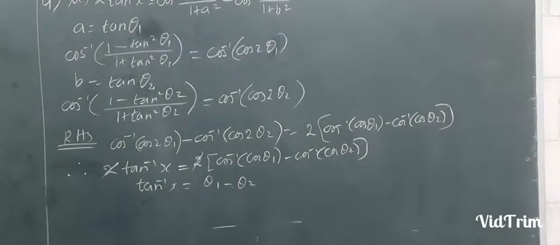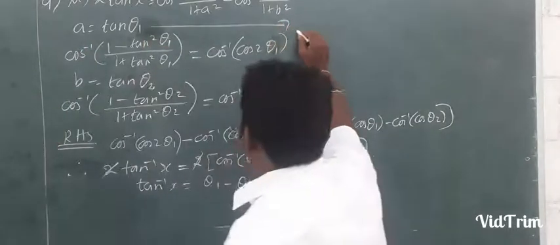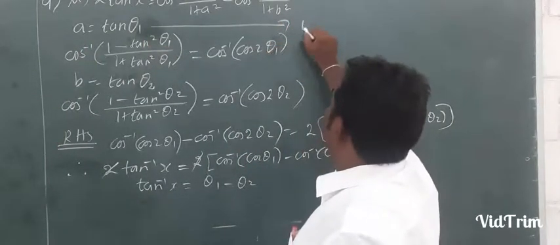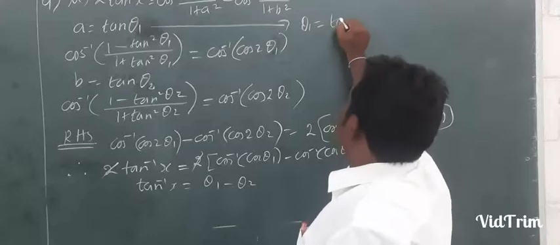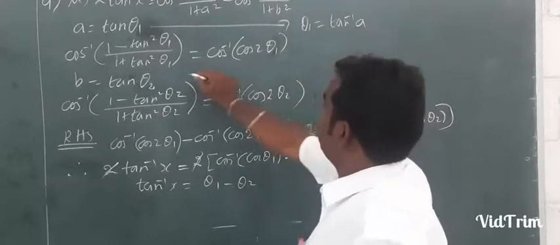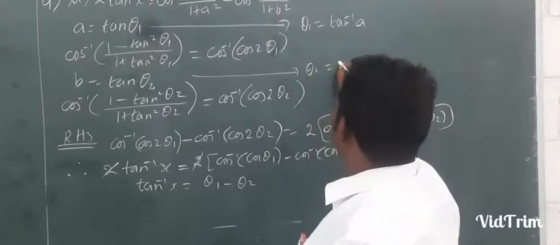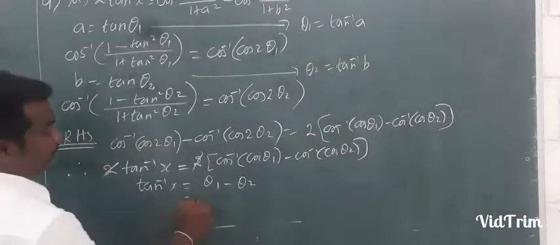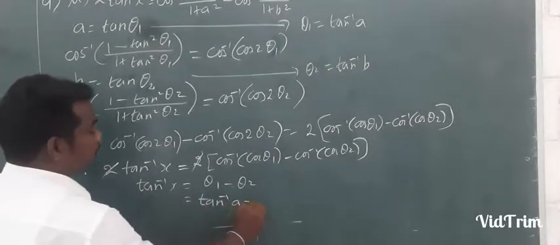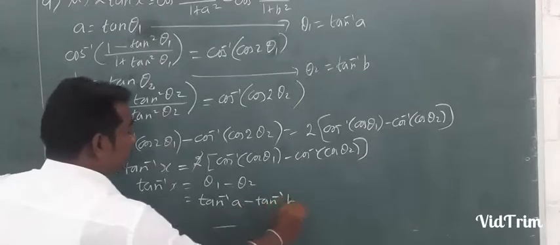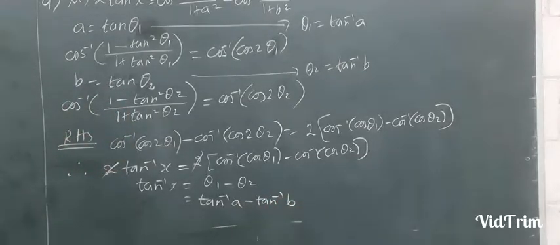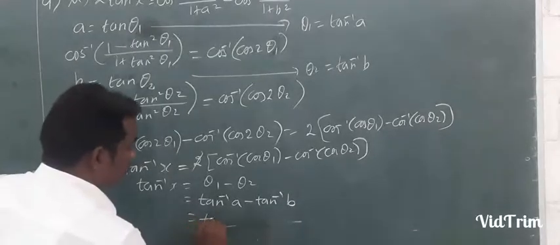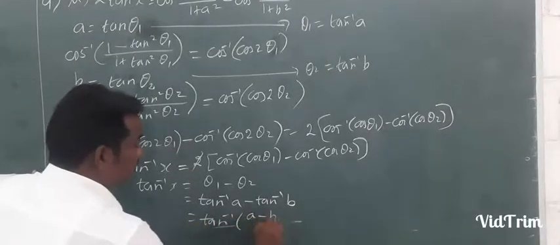Now we will rewrite the tan theta 1 value. I take the first theta 1 value here. If we take theta 1, that is tan inverse A. Here theta 2 value is tan inverse of B. Now we are going to apply here: that is tan inverse A minus tan inverse B. Now we directly write the formula: that is tan inverse of (A minus B) by (1 plus AB).